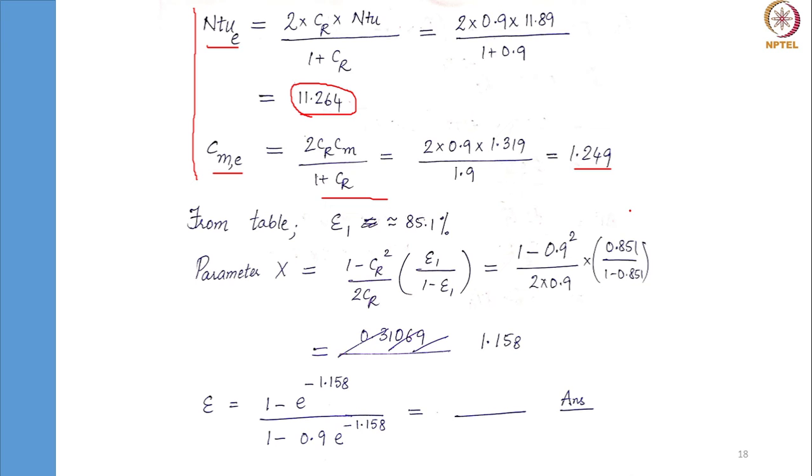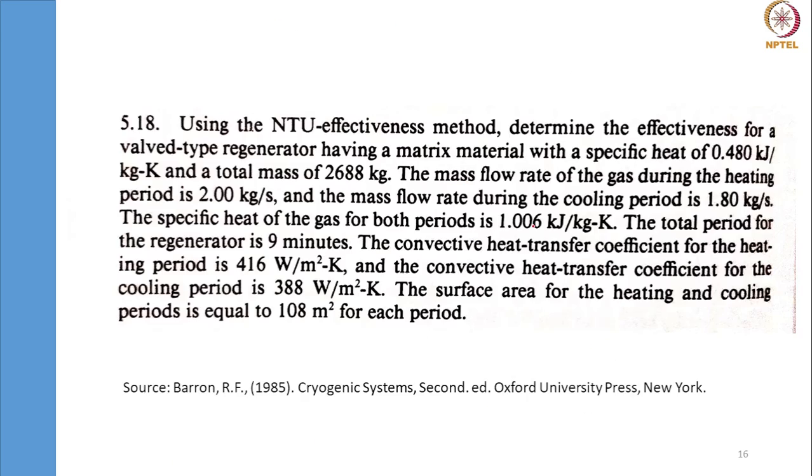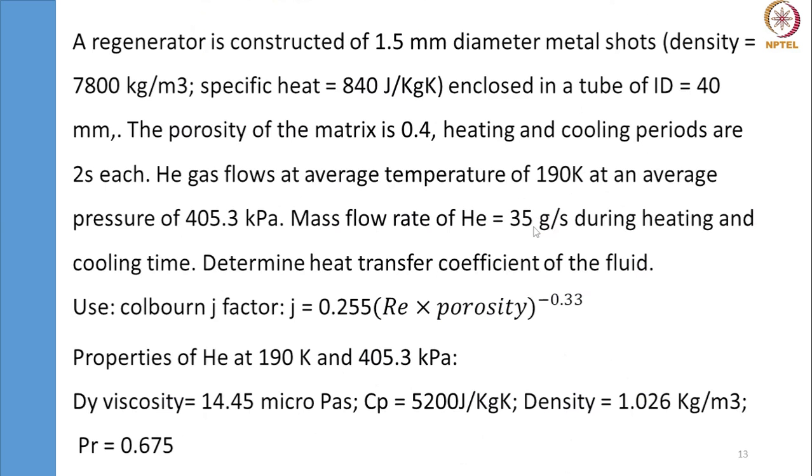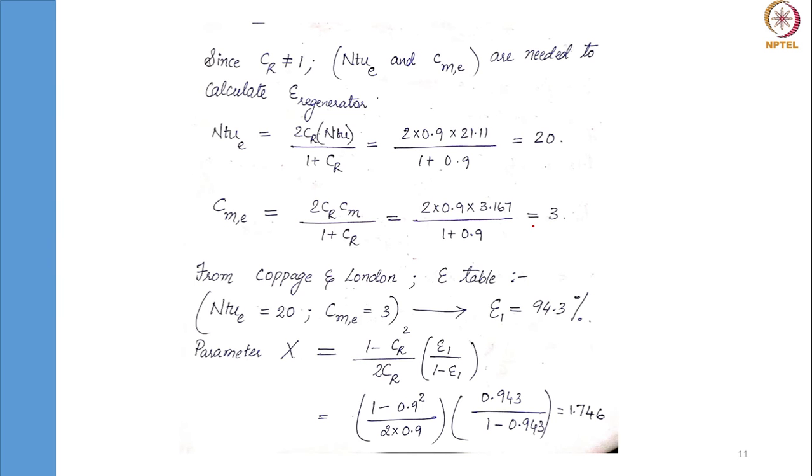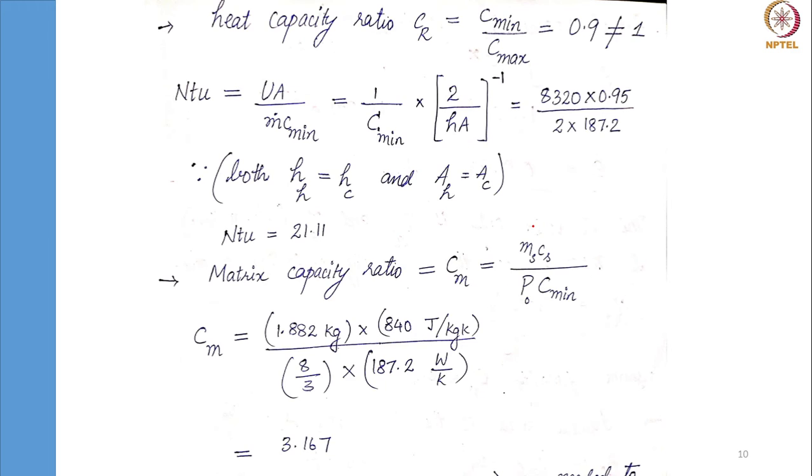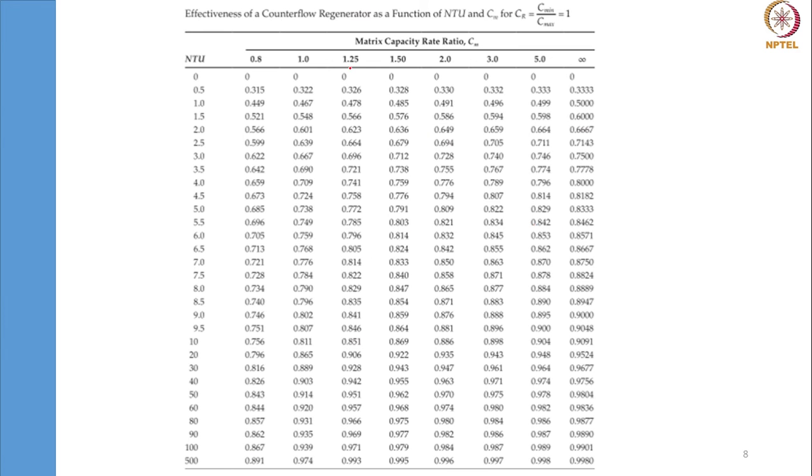1.25. So we'll go back to the table of Kays and London, and find for 1.25 and an effective NTU of 11 to be around 85.51.